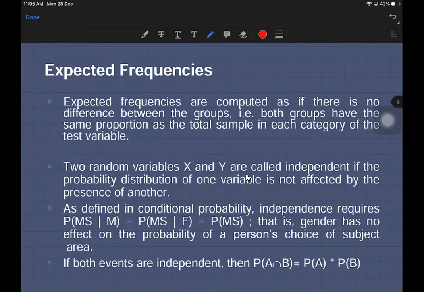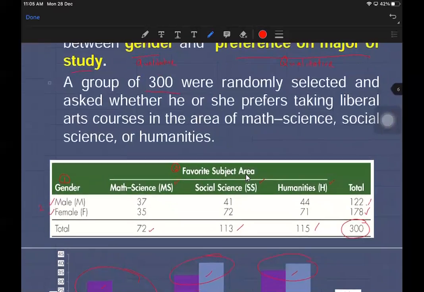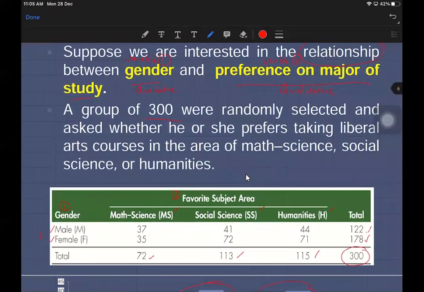In the test of independence, there is one calculation that you need to do, which we call expected frequency. What we are observing here, for example, 37 is the frequency of males who choose math science, 41 is the frequency of males choosing social science, and 44 is males choosing humanities.